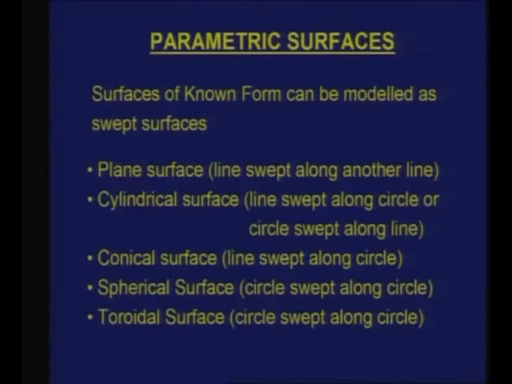So one can also say that though the topology is different, a toroidal surface reduces to a spherical surface for certain conditions, when the radius and position of the circle match.